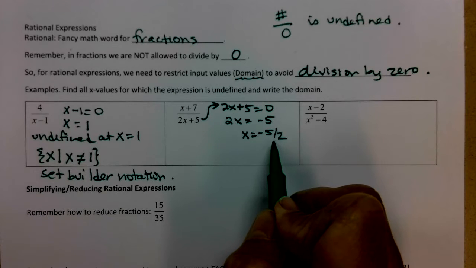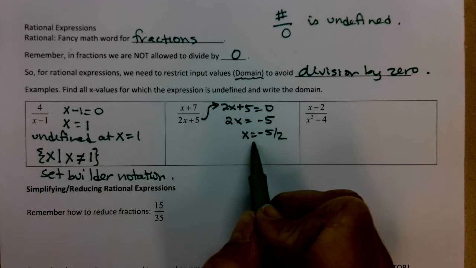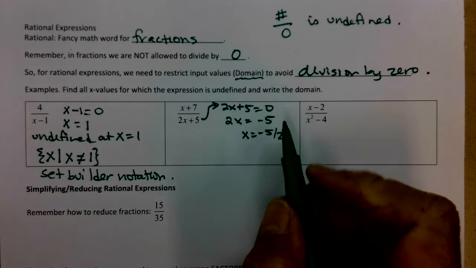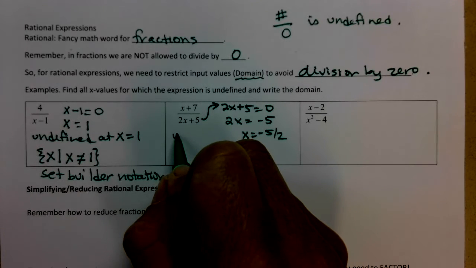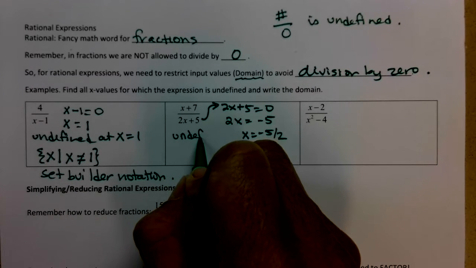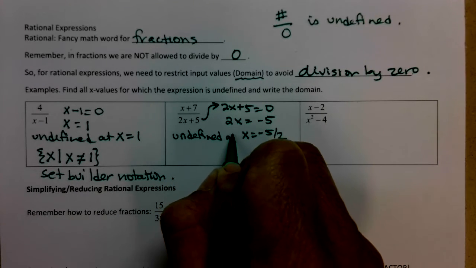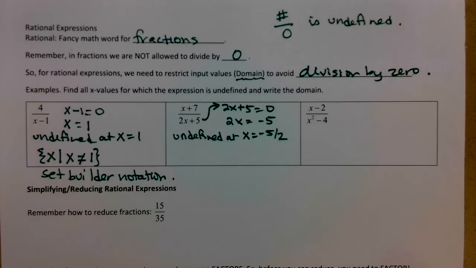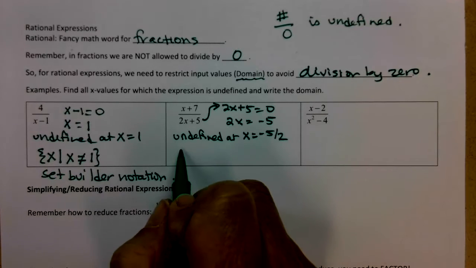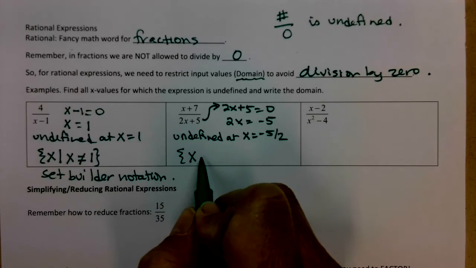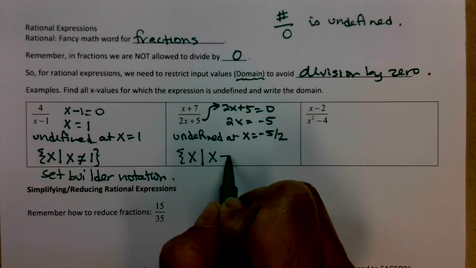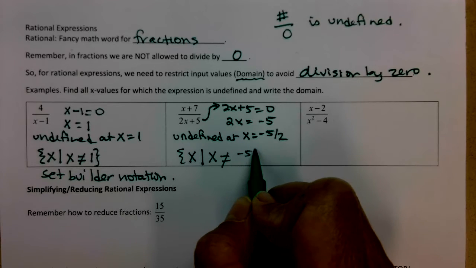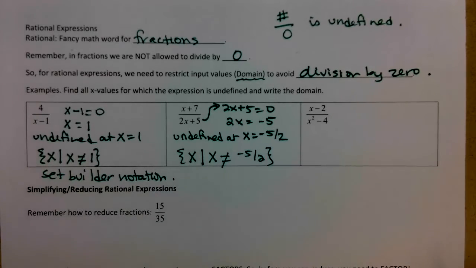So the only x we're not allowed to use is x equals negative 5 halves. So this expression is undefined at x equals negative 5 halves. So how would we write that set in set builder notation? The set of all x's such that x is not negative 5 halves.